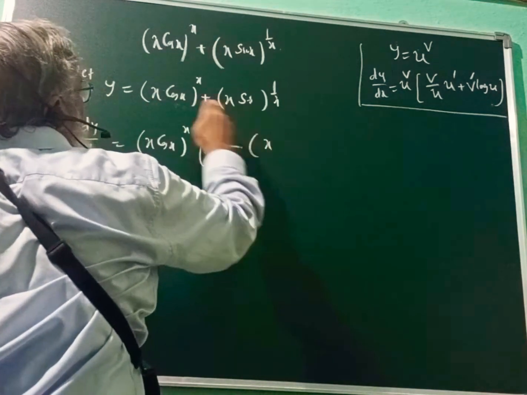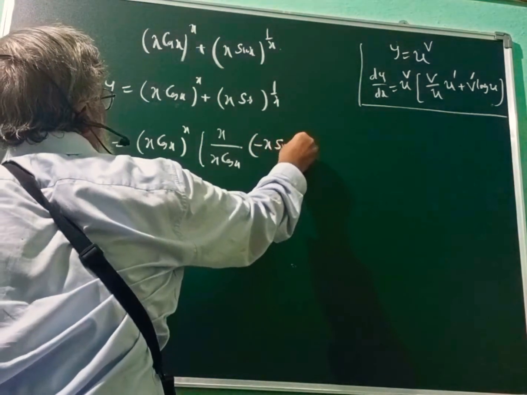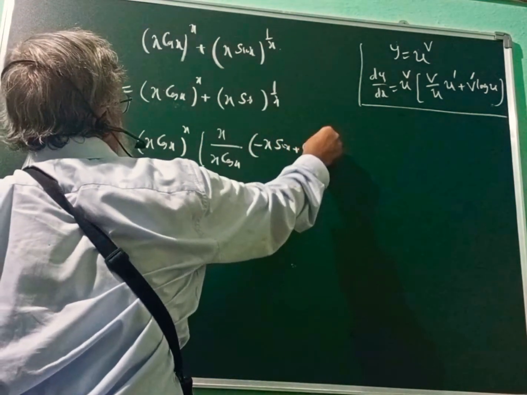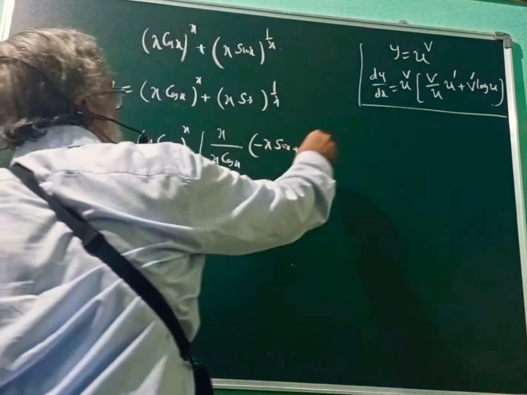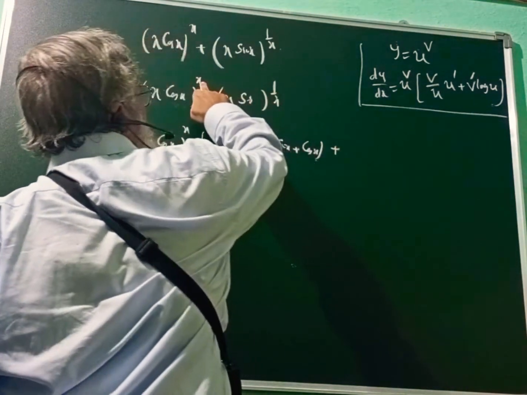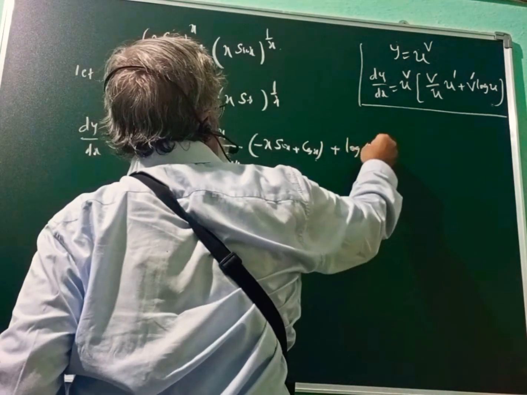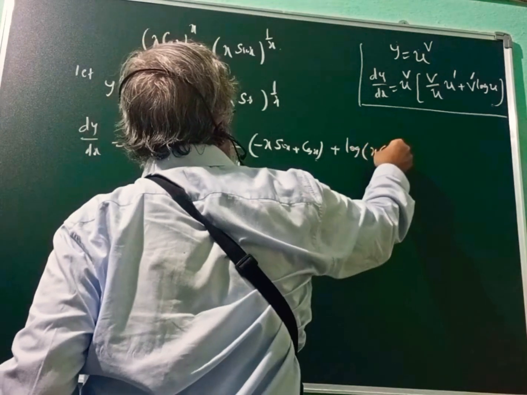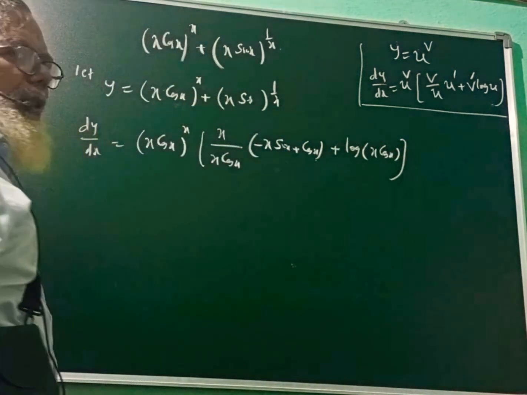First function, derivative of cos x is minus sin x, plus cos x as it is, derivative of x is 1. So u dash is over. Plus v dash, differentiation of x with respect to x is 1, into log of u. U is nothing but x cos x.